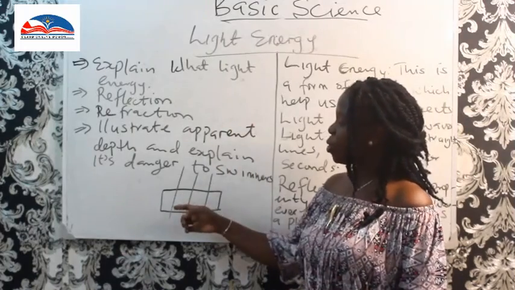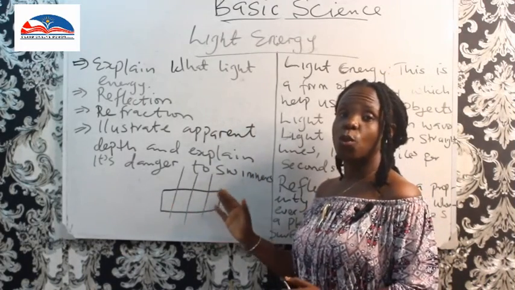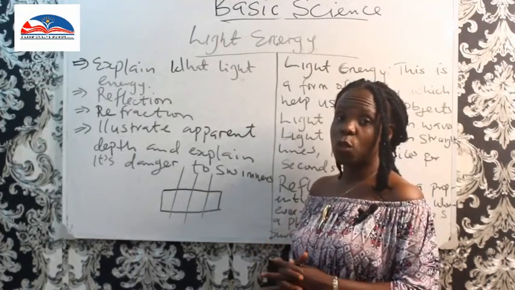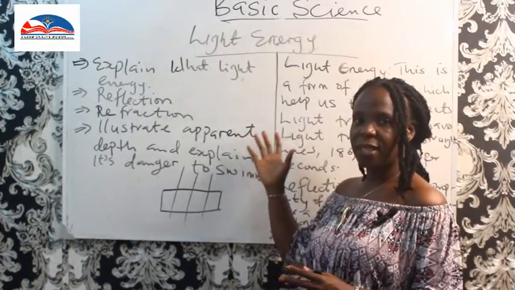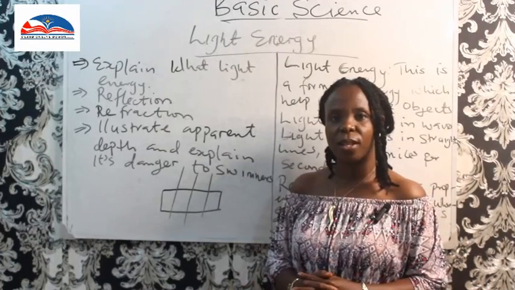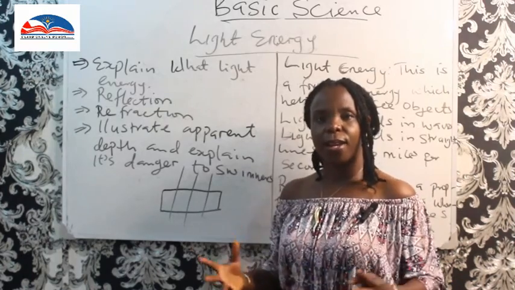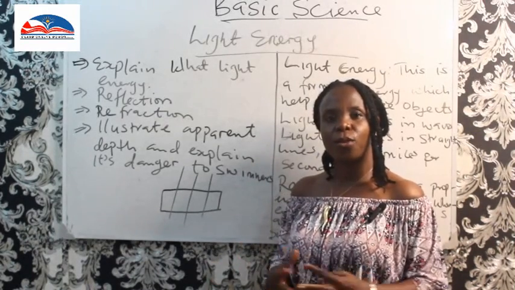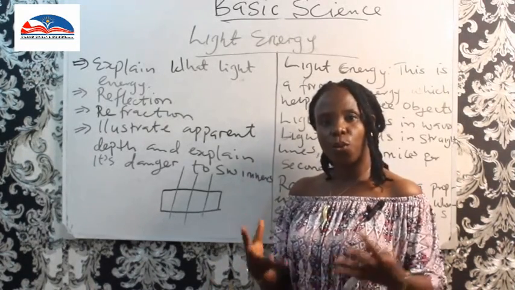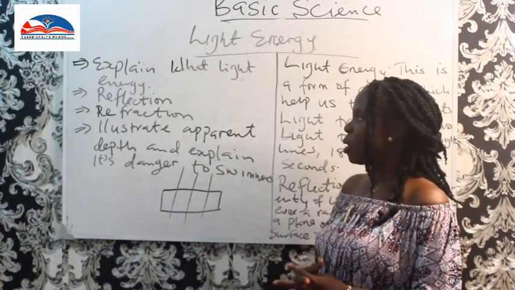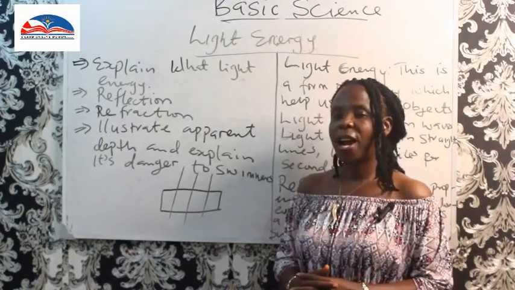Once it strikes the surface of this object, it's going to reflect. That's reflection, a process whereby light strikes a polished surface and reflects back, like in the case of a mirror, which reflects light back to us. That is reflection. Now what about refraction?